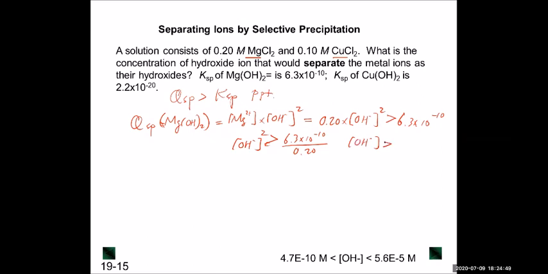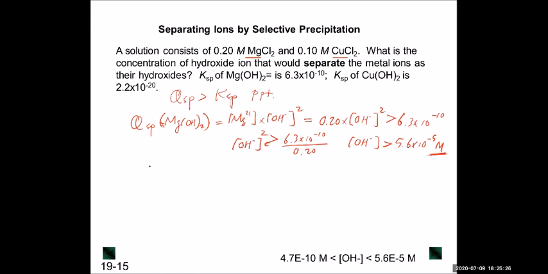The answer I get is 5.6, rounded to 2 significant figures, and we add the unit molar. So that's the hydroxide concentration needed to form precipitate with magnesium hydroxide.